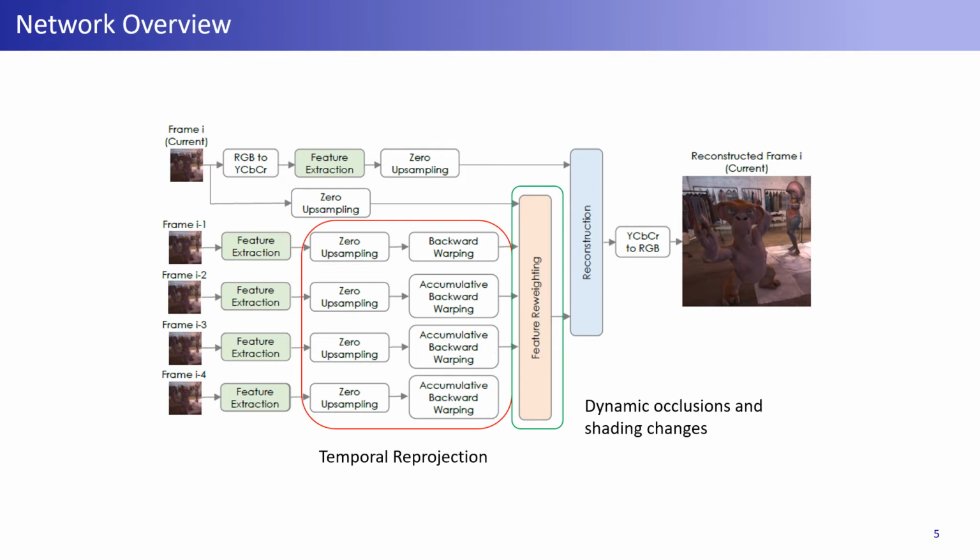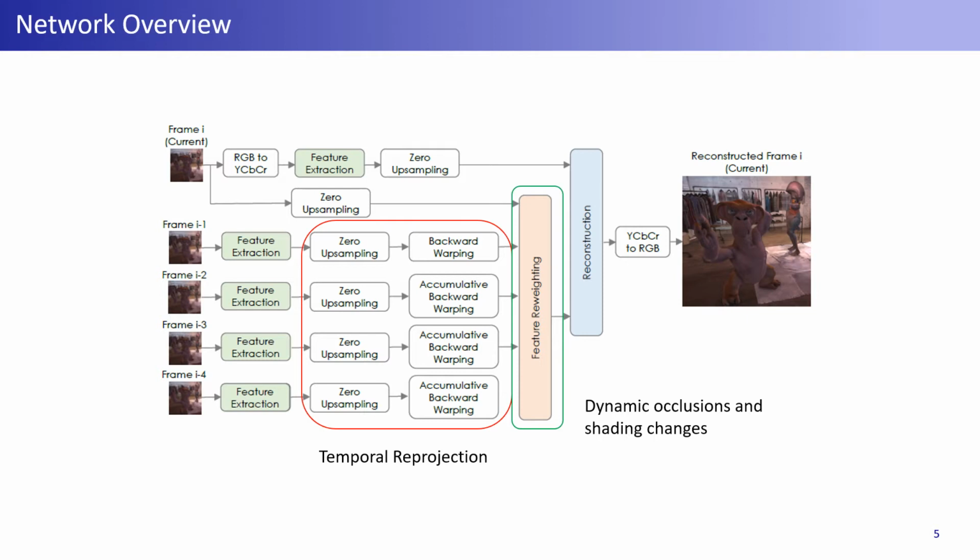Network overview. The input of the whole network can be separated into the current frame and the previous frames. We will start from the previous frames. Each previous frame goes to a feature extraction neural network and then to the temporal projection part. The goal of this part is to project the previous frame to the current frame.